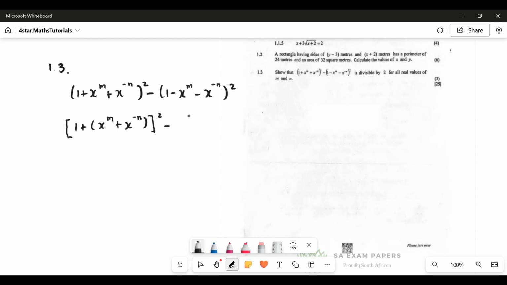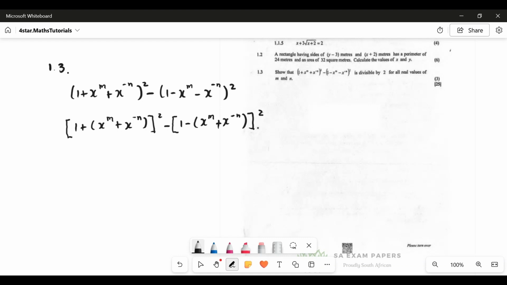We can try to do the same thing on this side, in a square bracket. This is the same as 1 minus x to the exponent of m minus... it's going to be positive because I took out the negative as a common factor. So it's going to be positive. If you check, I try to make the two expressions look alike.